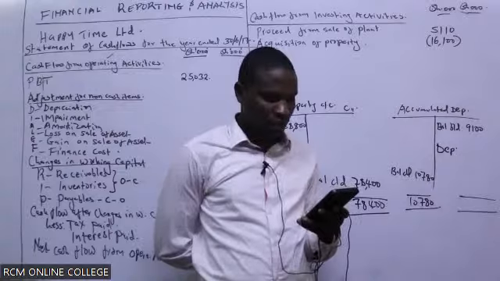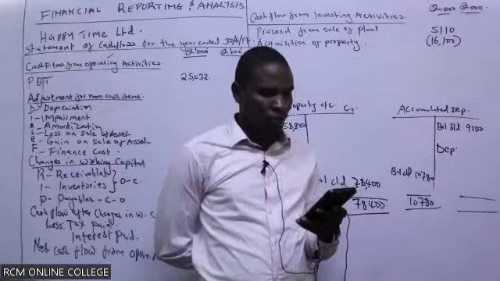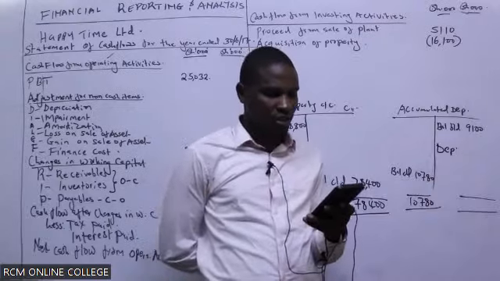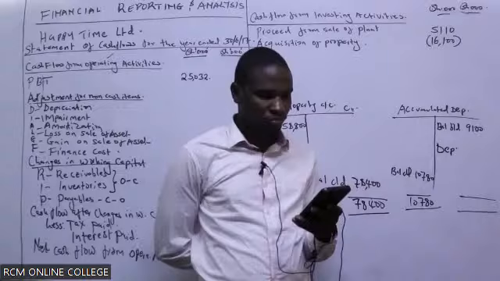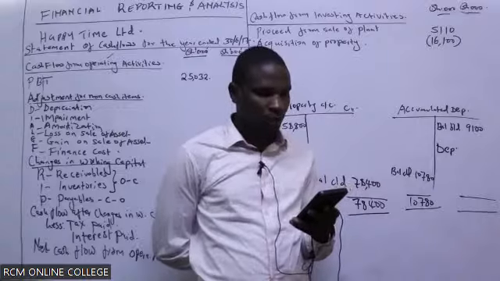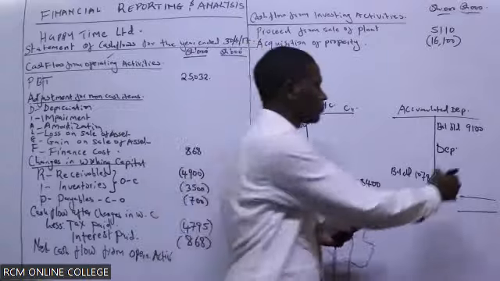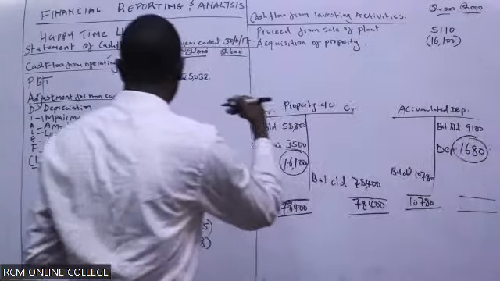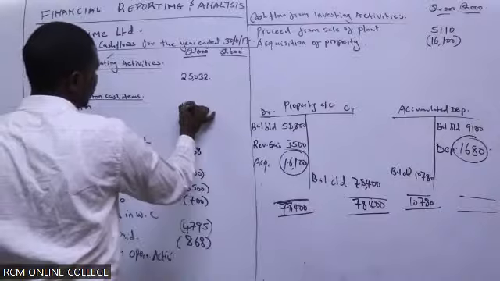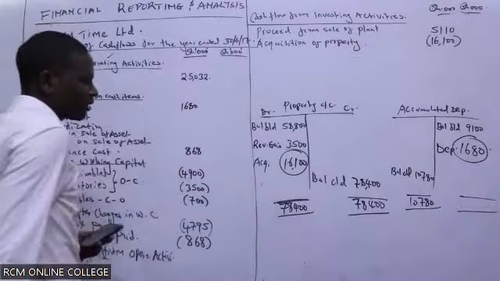Depreciation hapo utapata ngapi? 1680. Somebody is getting a depreciation of 1680. I hope kila mtu anapata 1680. So unaona hii depreciation ndio unaletaga hapa 1680, and we are adding it back.